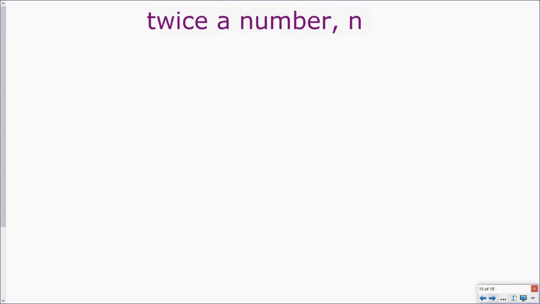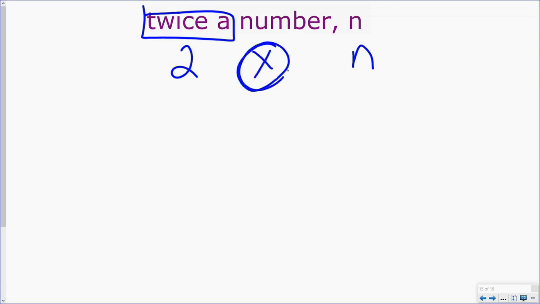Twice a number n. Well, twice stands for 2. And then here's my number. Well, when I take twice a number, I'm usually multiplying. But again, my x causes problems because I don't know if it's a variable or multiplication. So this would be 2n.